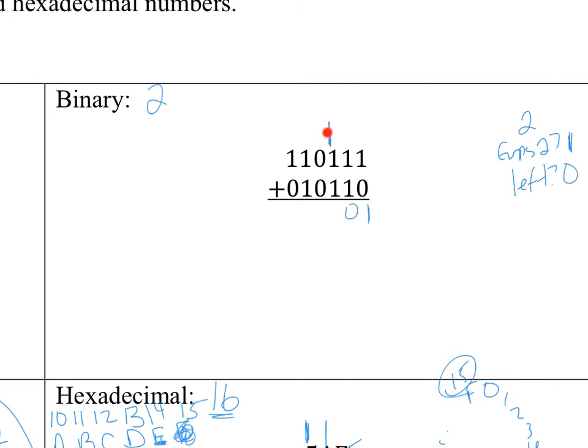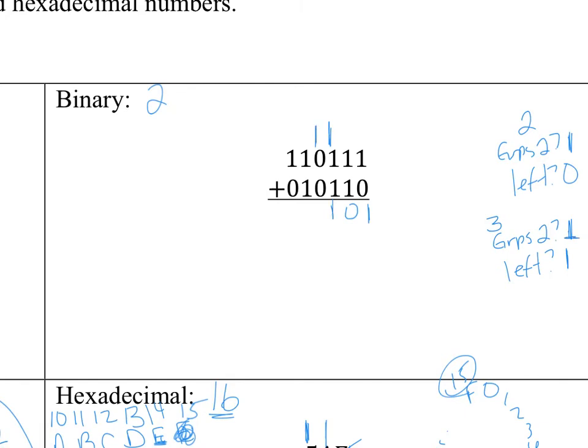For the next one, we add these three and get 3. How many groups of 2? One, and how many left? 1, since 3 minus 2 is 1. So this one goes here, and the other one goes here.